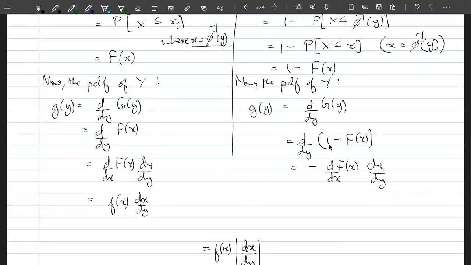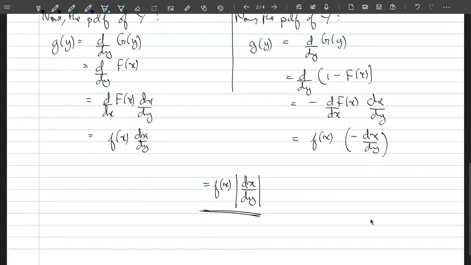The d dy of 1 is 0, and d dy of f of x, by chain rule, is d dx of f of x times dx by dy. This minus remains, which is f of x times minus dx by dy, because d dx of f of x is, as before, small f of x. There's no negative in that. But this minus I'll group with this, so minus dx by dy.